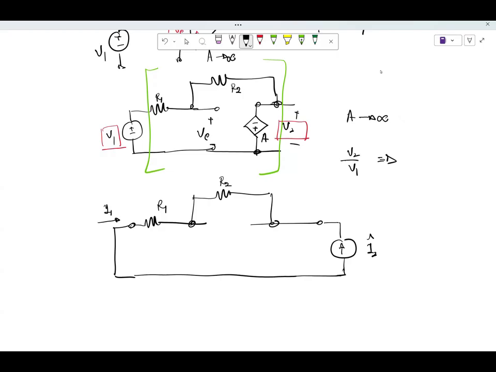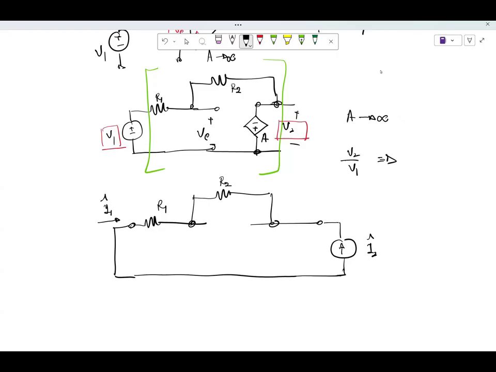This is I1 hat. And what is the relationship when you do reciprocity? In general, if you apply V1 and you observe V2, the reciprocal behavior is you apply I2 hat and observe I1 hat, but it should be negative I1 hat. If you recall, it should be negative I1 hat, right?